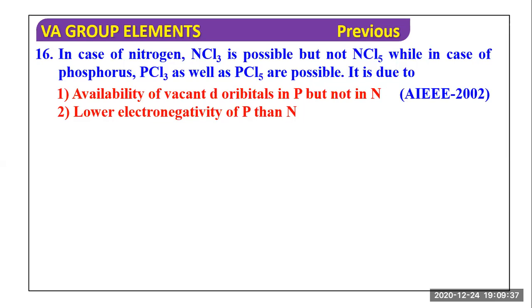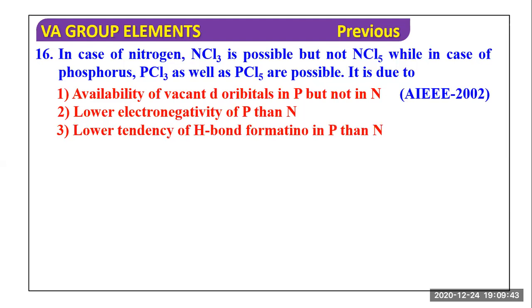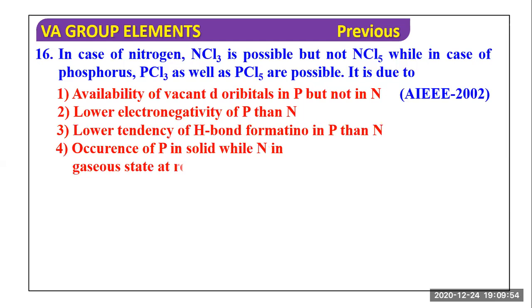Option 2 is lower electronegativity of phosphorus than nitrogen. No. Option 3, lower tendency of hydrogen bond formation in phosphorus than nitrogen. And option 4, occurrence of phosphorus in solid while nitrogen in gaseous state at room temperature.